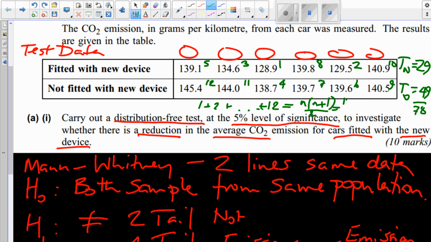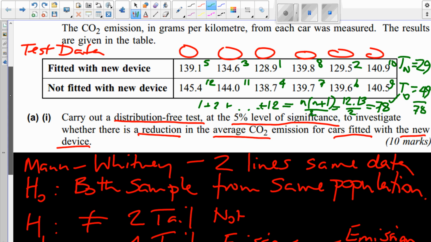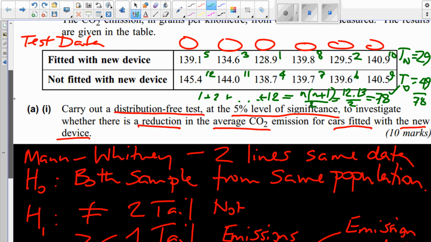So we can quickly check that 12 times 13 over 2 equals 78. So we know we've done our calculations correctly. So let's take those two T values away and start using them.